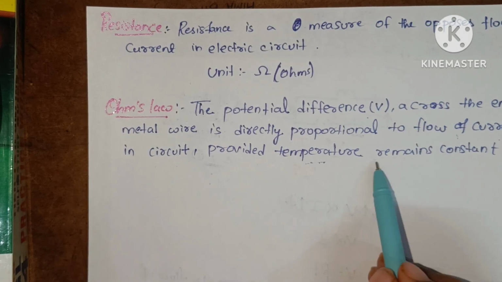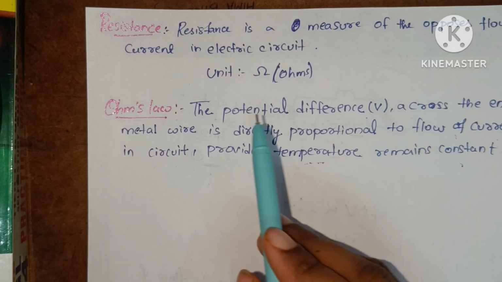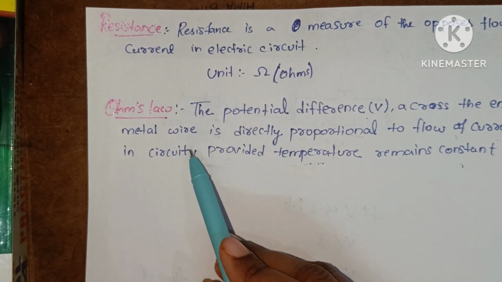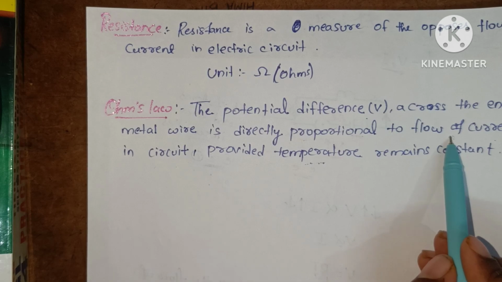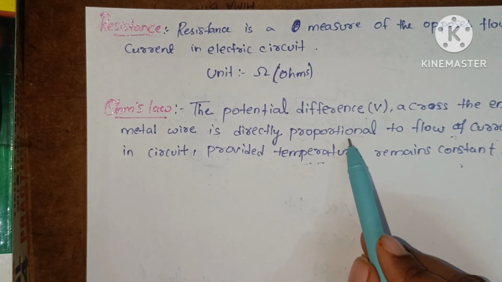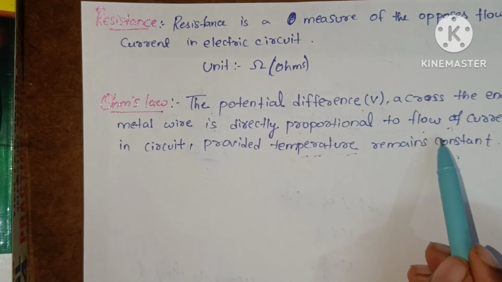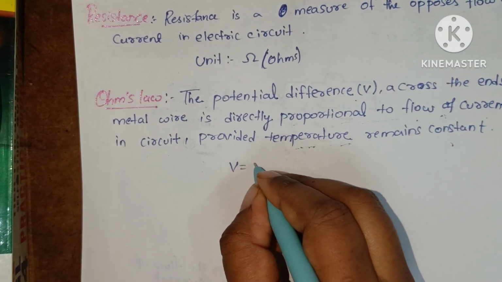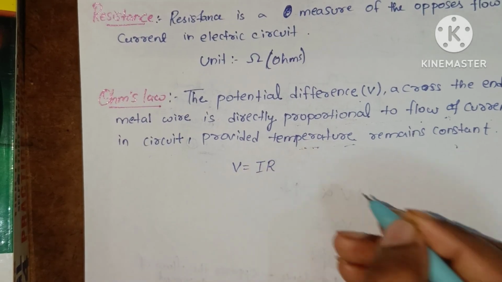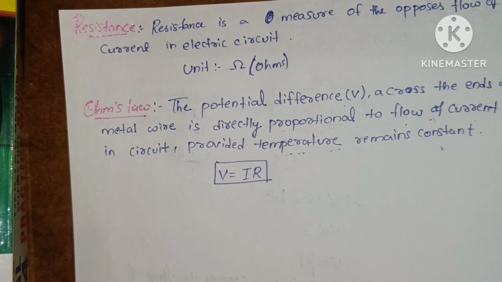If temperature remains constant, then only the potential difference across the ends of the wire will be directly proportional to current. If temperature changes, it will not be directly proportional to the flow of current. Understood? So V equal to I into R. This is the formula of Ohm's law.